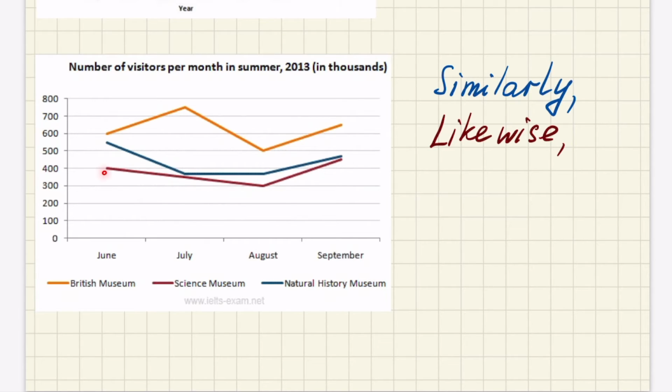Let's say when we talk about this red line, it slightly changed from 400 to 450 by September, and similarly Natural History Museum visitors changed by, let's say, 50 people per period, or likewise something like that.